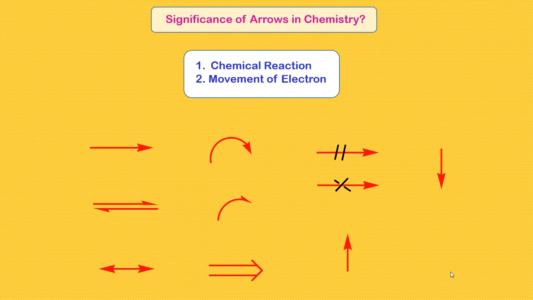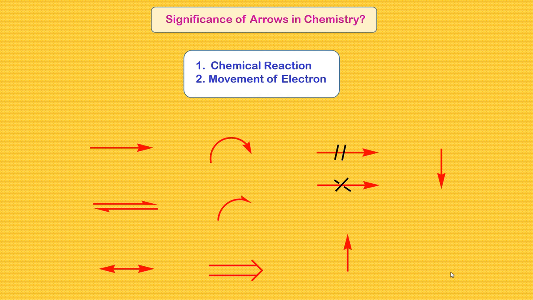And that chemical environment we are providing is responsible for the overall transformation, with a stepwise understanding of the movement of electrons from one center to another. All these things that we are representing in a chemical reaction, we are representing with the help of arrows.